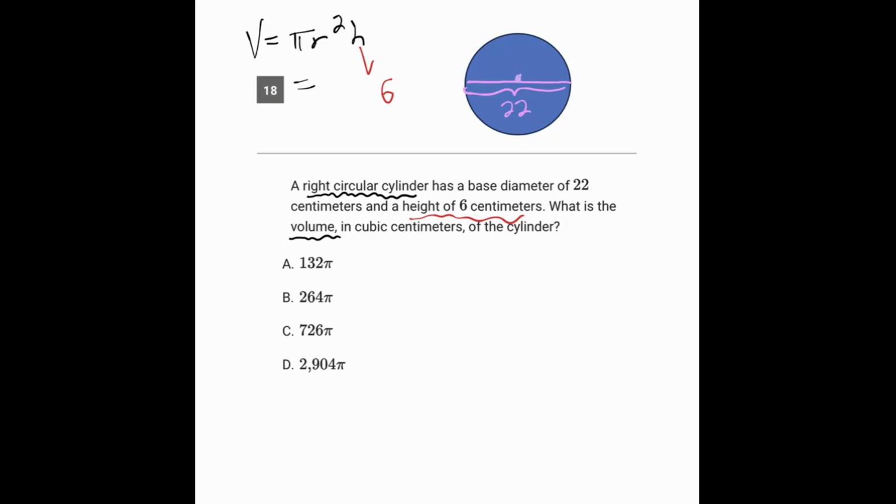That's the distance from the center to the side of the circle. So if the diameter is 22, then the radius is 11. So here we'll plug in 11 for the radius. And so now we have pi times 11 squared. So that's pi times 121 times 6. And that'll give us C, 726 pi.